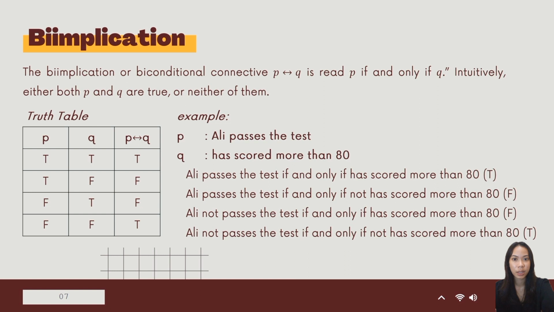Ali passes the test if and only if he has not scored more than 18, it's false. Ali does not pass the test if and only if he has scored more than 18, it's false. Ali does not pass the test if and only if he has not scored more than 18, it's true.